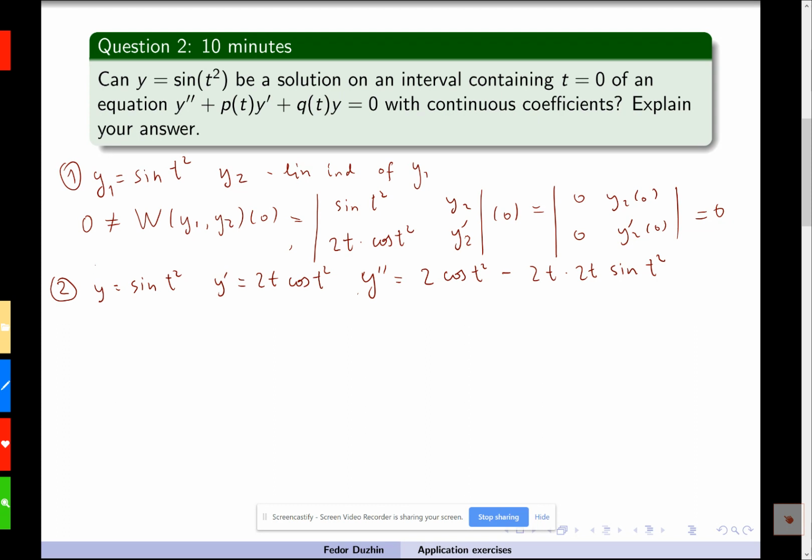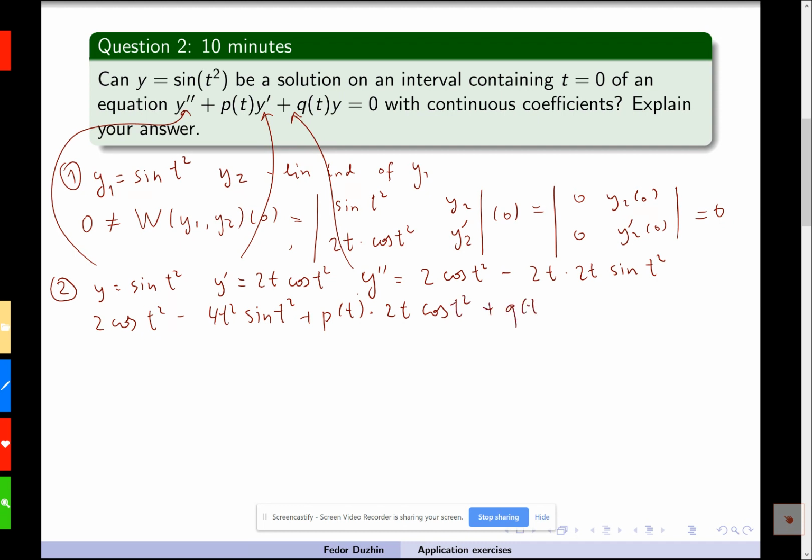Then let us plug y prime, y and y double prime into the equation. We're going to get the following formula: 2 cosine t squared minus 4t squared sine t squared, plus p of t times 2t cosine t squared, plus q of t times sine t squared, equals 0.